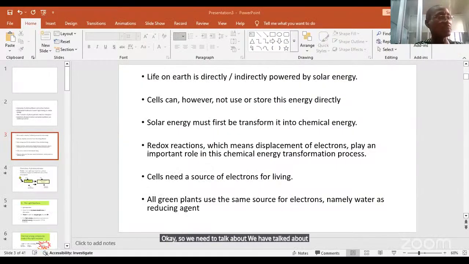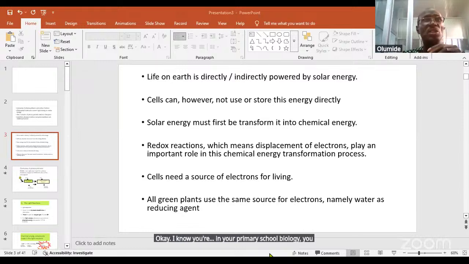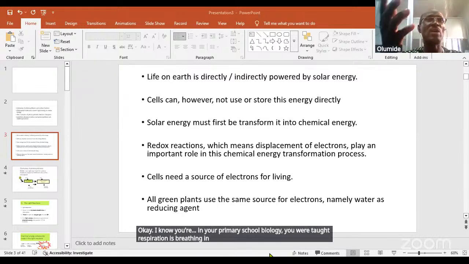I thought I was sharing my slide. Okay. Let me share the second slide so that we can move on. Okay, so we have talked about respiration now. I know in your primary school biology, you were taught respiration is breathing in oxygen and breathing out CO2.